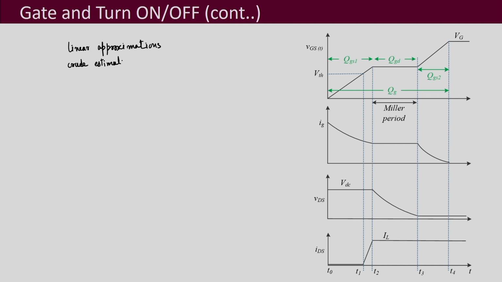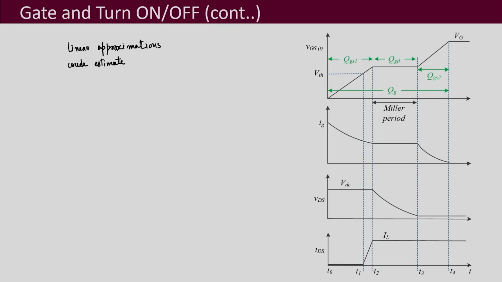Okay, so do not have questions that why it is so, it should not be like this, this is an RC circuit and these are not really the correct equations. You may be having all these questions, but these are all linear approximations, a very crude, very rough way of getting some numerical values which will help you in choosing the gate driver.